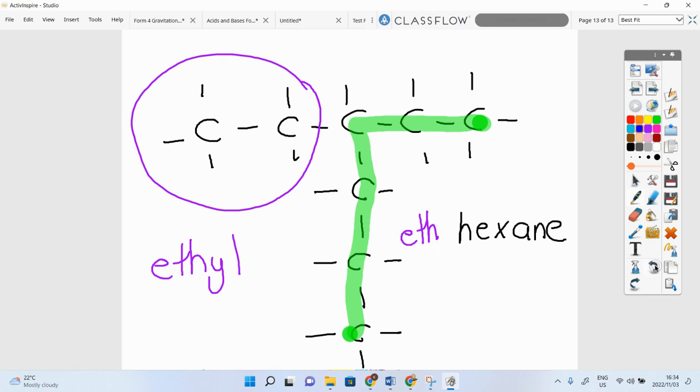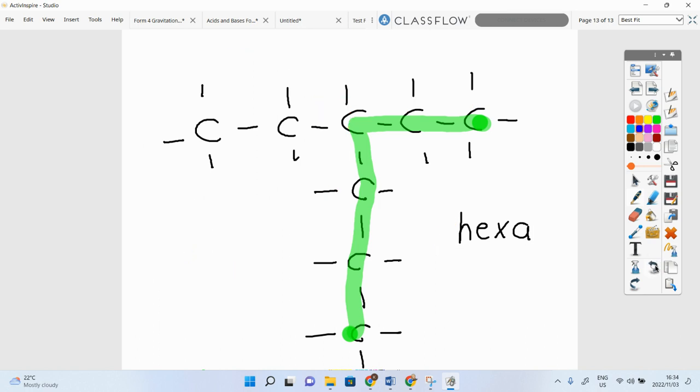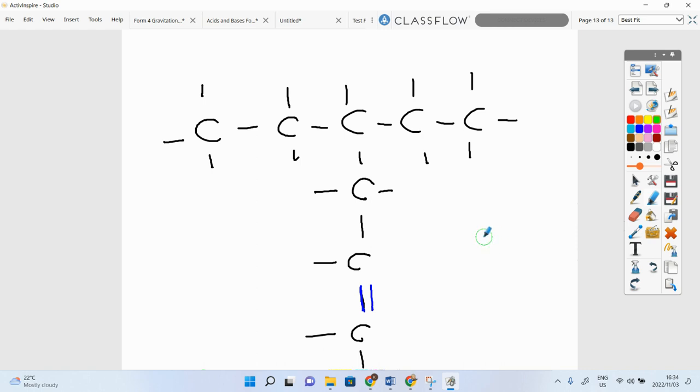What if I don't only have single bonds? I have to take 2 away. Let's say I take these 2 away and I form a double bond here. What is now my longest chain?